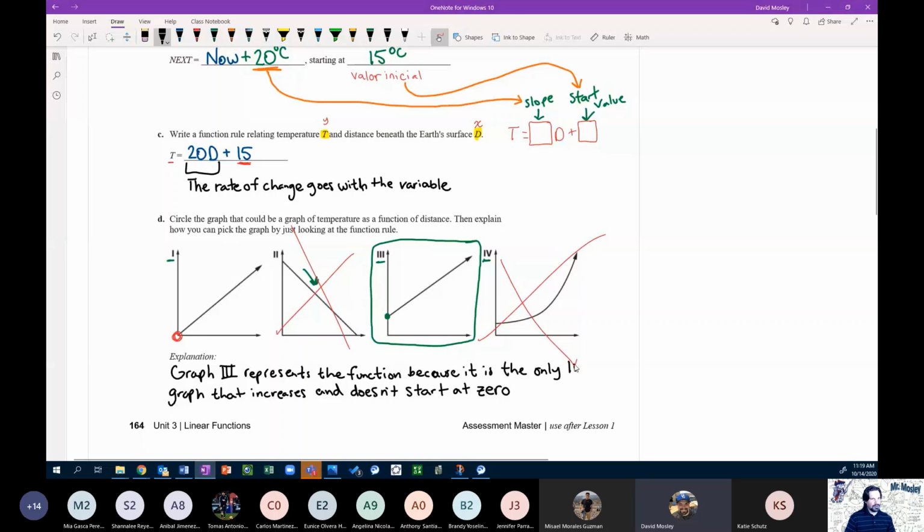I'm going to add one other word here. It's the only linear graph. More correct. Because graph 4 also increases and starts not at 0, but it's a curve. It doesn't work. And we say graph 3 represents the function because it is the only linear graph that increases and doesn't start at 0. The only one that fits what the rule is.